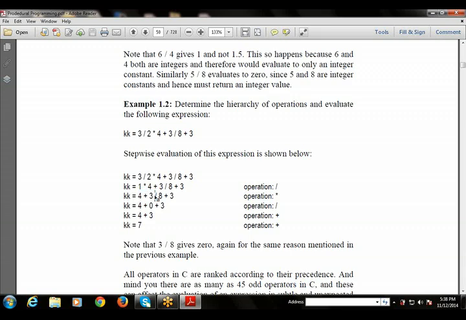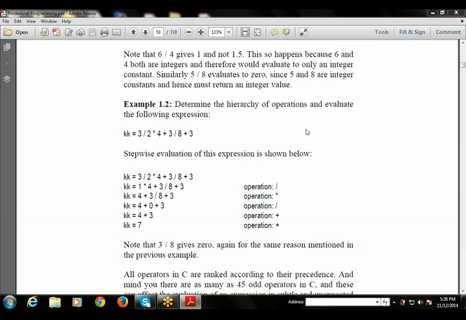So 4 plus 3 is not possible yet, but 3 divided by 8 is possible, and that gives the output 0. Then use the addition operator from the left side, that is 4 plus 0 is 4 plus 3, then at last add the numbers, that is 4 plus 3.